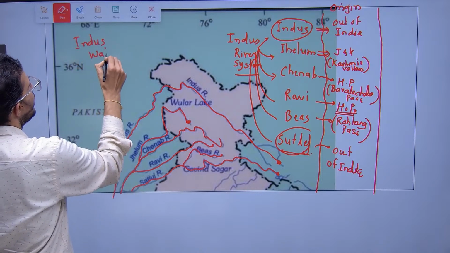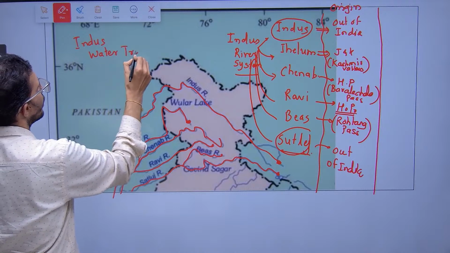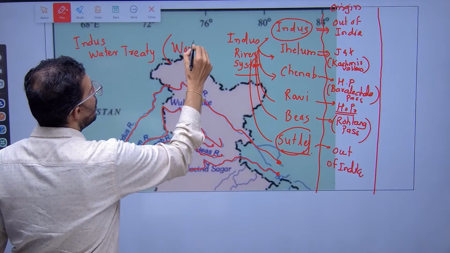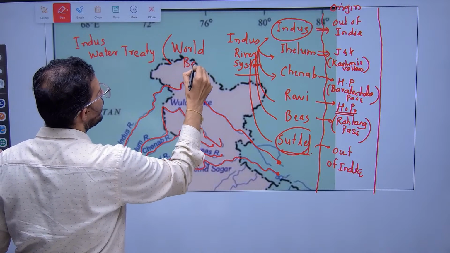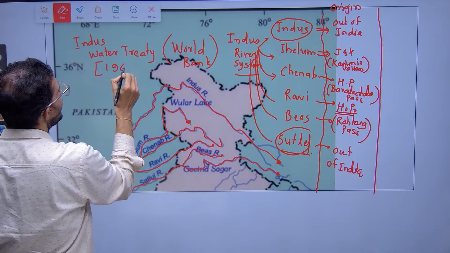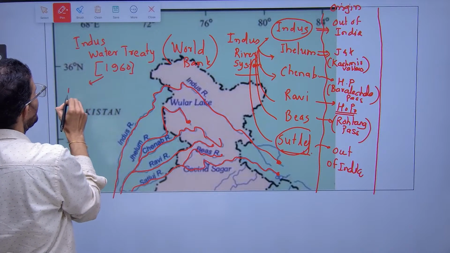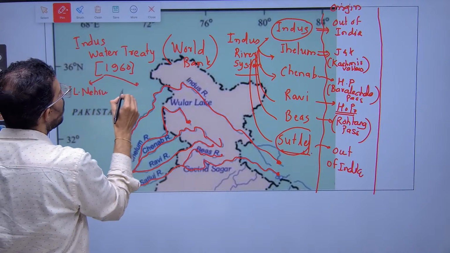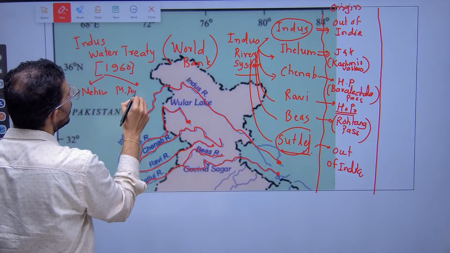The Indus Water Treaty, or Sindhu Jal Karar, was brokered by the World Bank in 1960. This treaty was signed between Jawaharlal Nehru and Muhammad Ayub Khan.